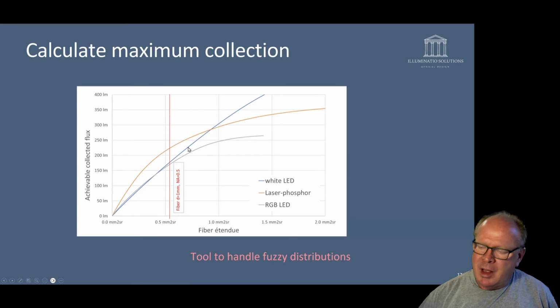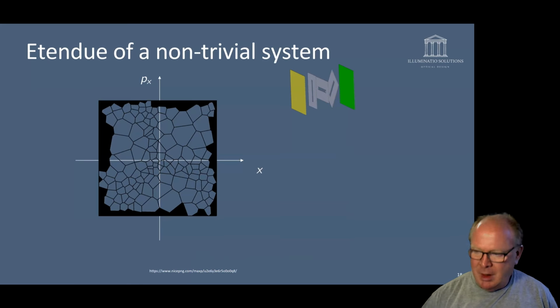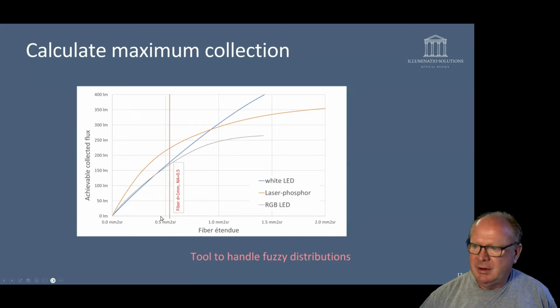And if you now come with a certain collecting étendue or target étendue, you can just take the information how much flux you can get at maximum for this target étendue. For example, for this value, 0.6 millimeters squared radian, you can get from the white LED maybe 170 lumens.